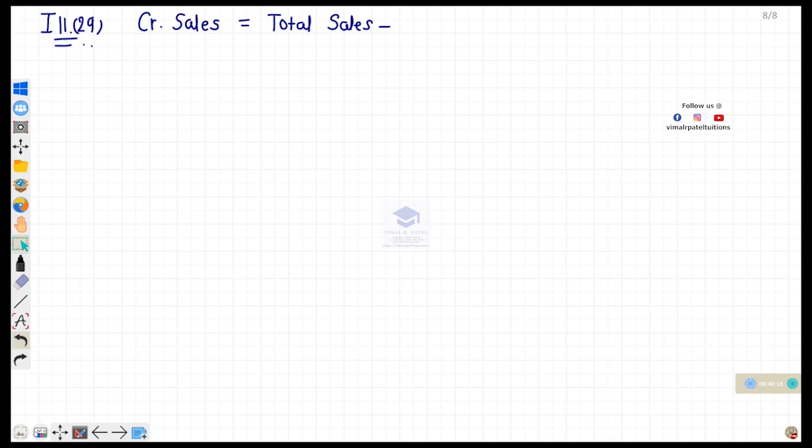Total sales minus cash sales. Total sales is 40 lakh and cash sales is 3,50,000. So it will be 36,50,000.